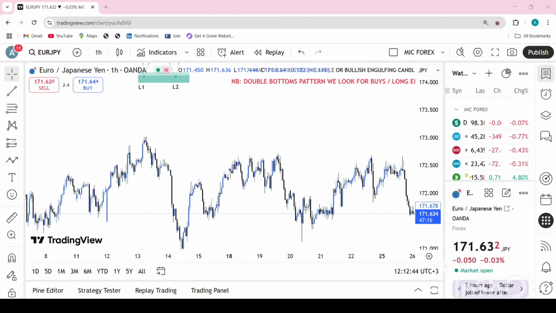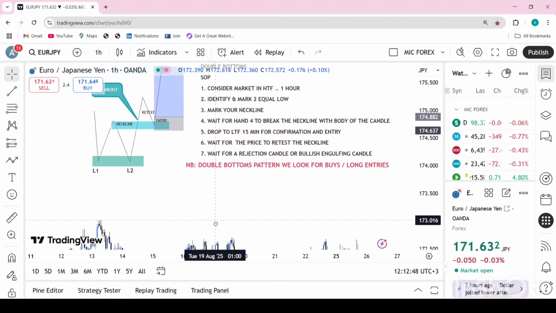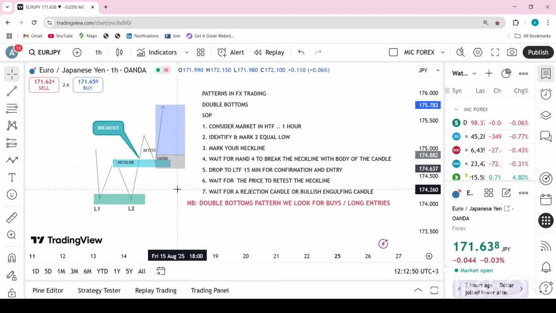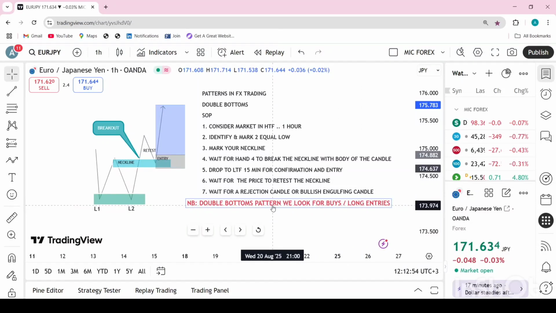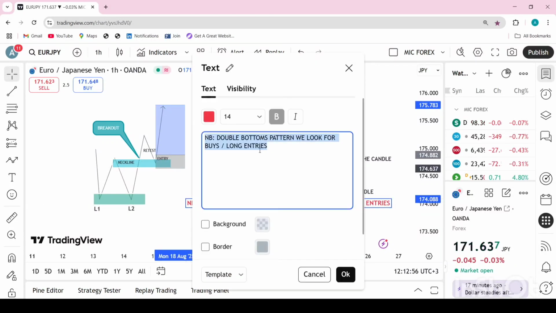Something else that you need to mention here, and actually put it as a note, is that double bottoms usually happen around the major reaction points. That is what you call the turning points.